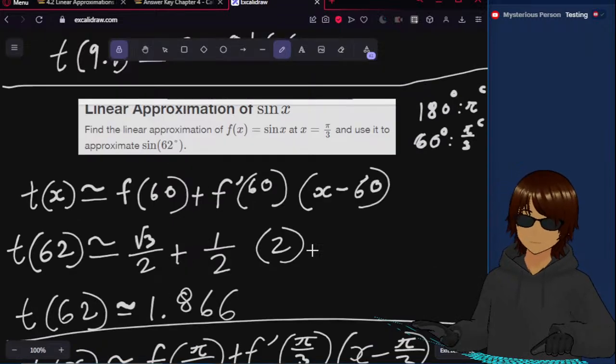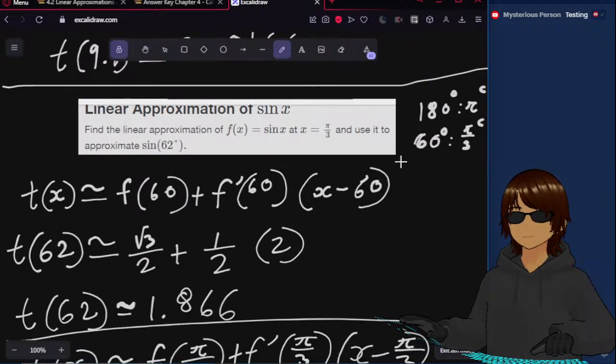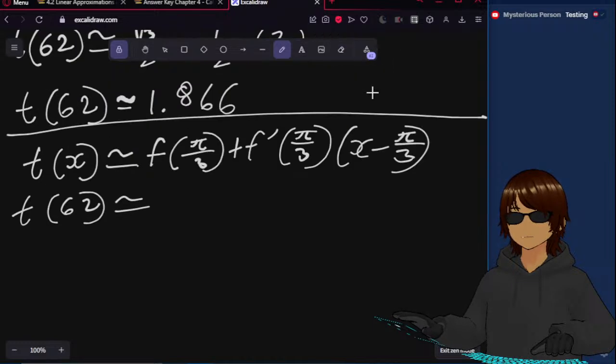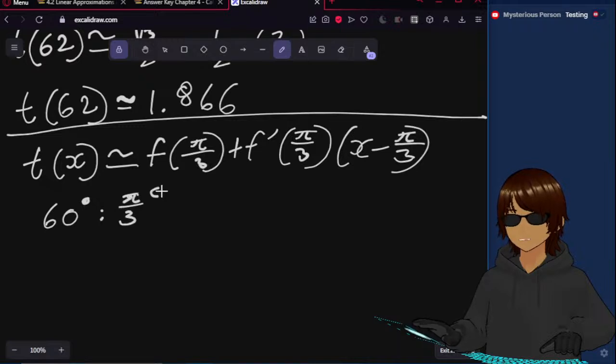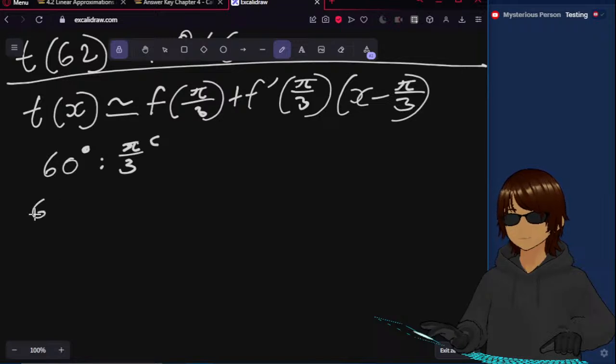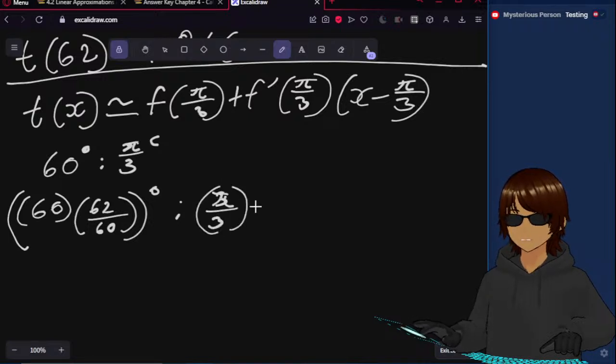What is 62? So wait, 60 degrees is pi over 3 radians, and then 60 times it by this is equal to pi over 3 times it by this.